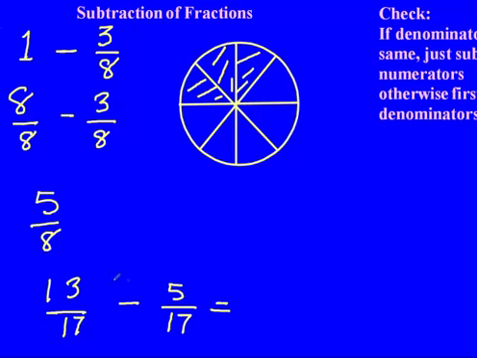Yeah, you're right. It's 13 take away 5, which is going to be 8 over 17. If I had 13 parts out of 17, and I have taken away 5 out of 17, I'm left with 8 over 17.